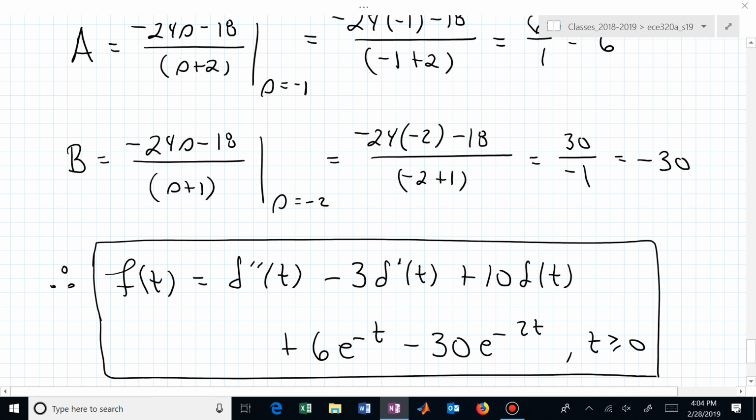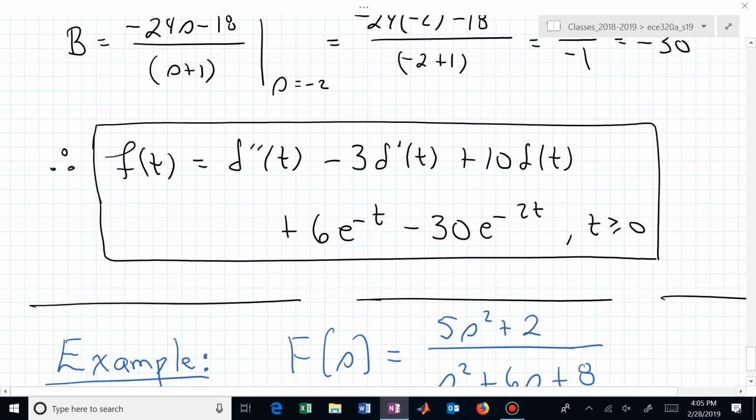Now if you integrated 10 delta t from minus infinity to plus infinity, what would the result of that integral be? You would just get 10. It's 10 times the scaled version of the integral of the impulse, and we said the integral of an impulse is 1. That's now our answer for that f of s.